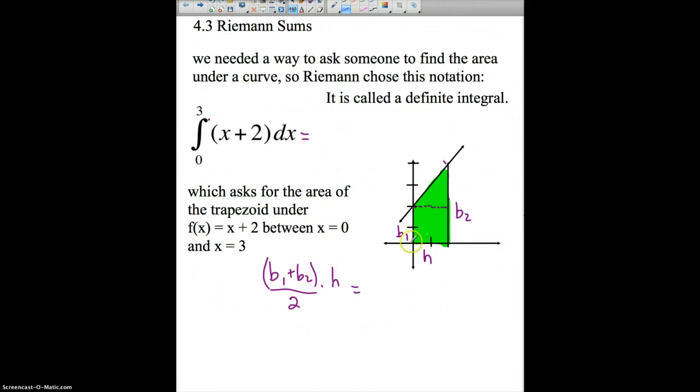So base 1 we can see from the graph is 2, and base 2 we can see from the graph is 4, over 2 times the height. In this case the height is 2, so doing the math we get an area of 6. So the integral of x plus 2 from 0 to 3 would equal 6.